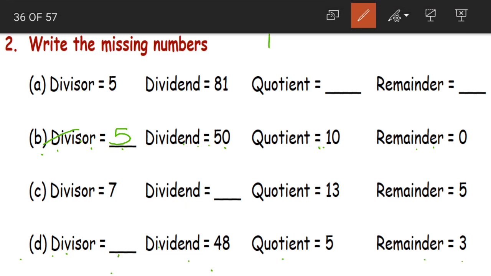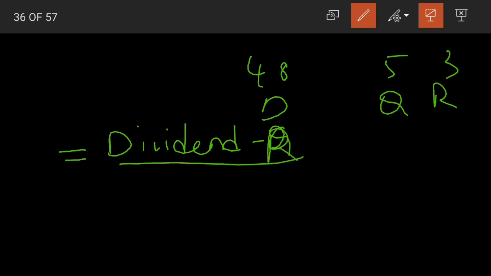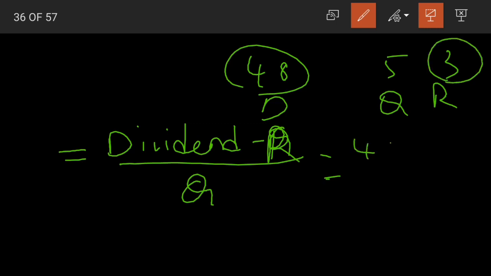Coming to question D, we need to find out the divisor. Dividend, quotient and remainder are given: 48, 5 and 3. Again, what is our divisor? Dividend minus remainder divided by our quotient. Now dividend minus remainder becomes 48 minus 3, that is equal to 45.